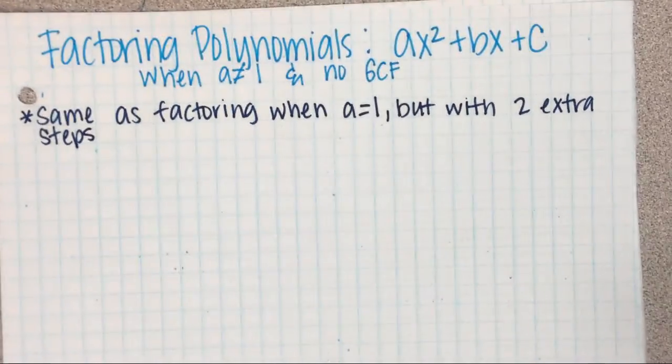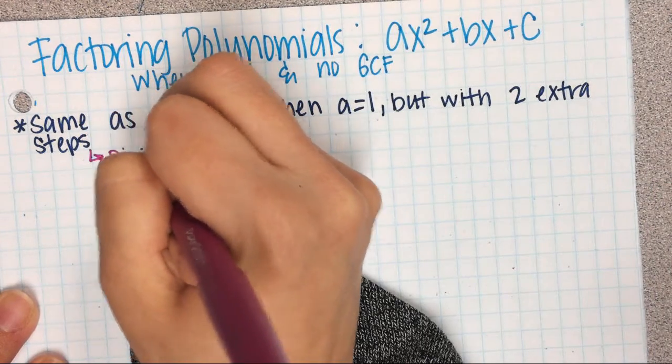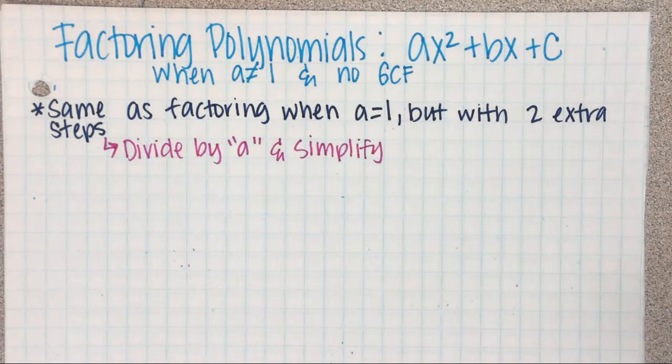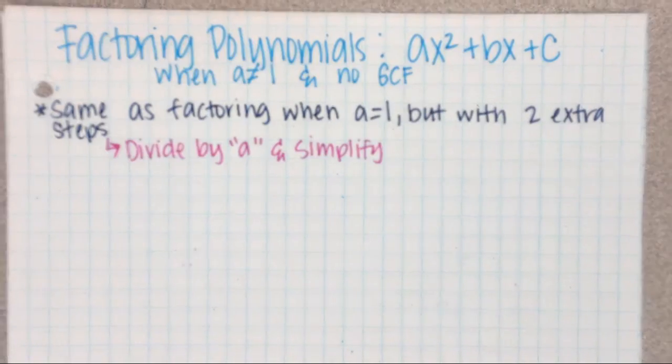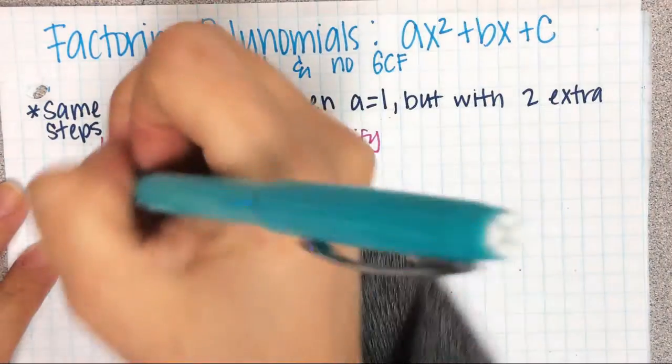And those 2 extra steps are, first, you divide by a and simplify. And the second step that you can do is bottoms up when possible. And you'll see what I mean when we get there.